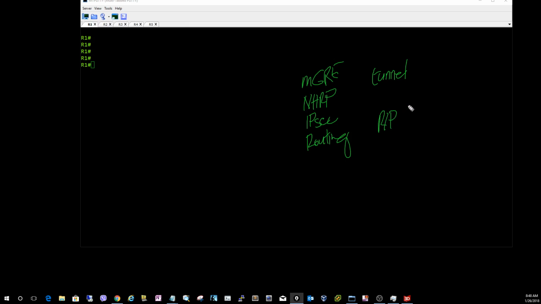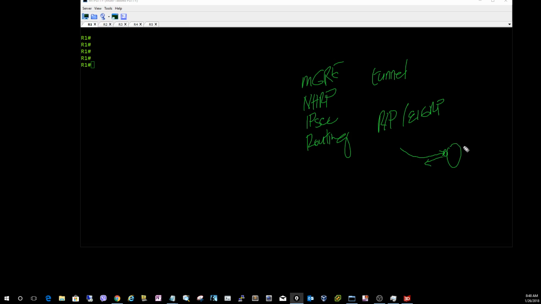If you're using RIP or EIGRP, just be mindful of split tunneling. The concept of split tunneling, wherein if it receives a packet here, it's not going to advertise it over the same interface where it receives the packet.